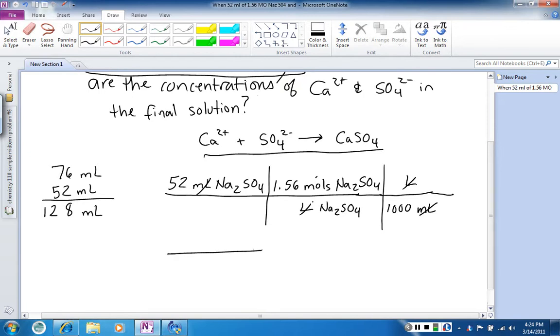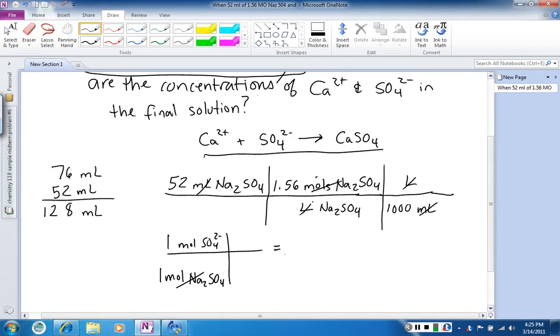We know that there is 1 mole of Na2SO4 for 1 mole of SO4 2 minus. So now we cancel out that.